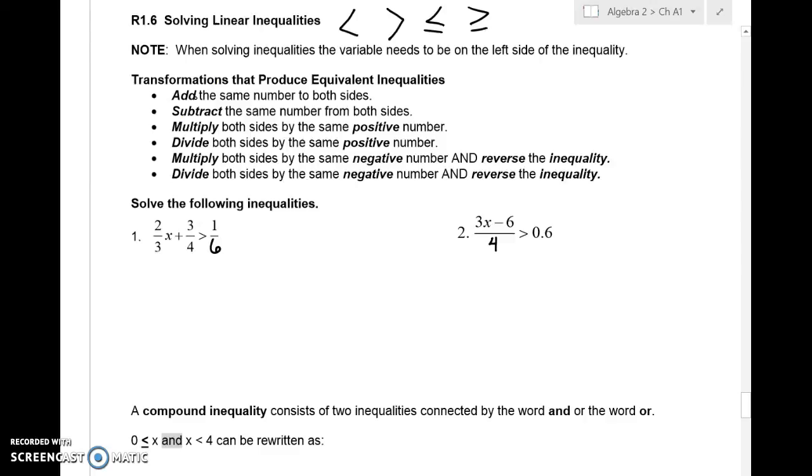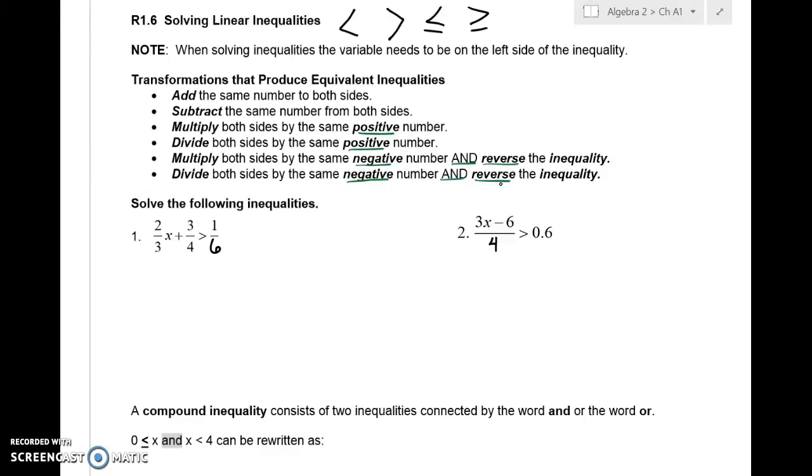You can multiply or divide the same positive number on both sides. Or you can multiply or divide the same negative number on both sides and reverse the inequality. If you multiply or divide an inequality by a negative number, the sign has to switch.